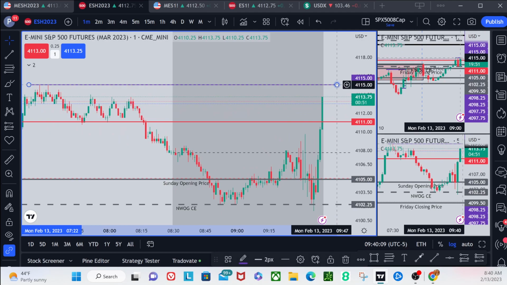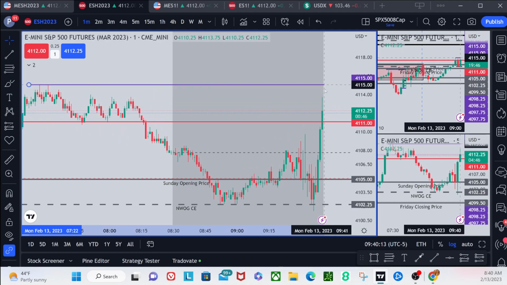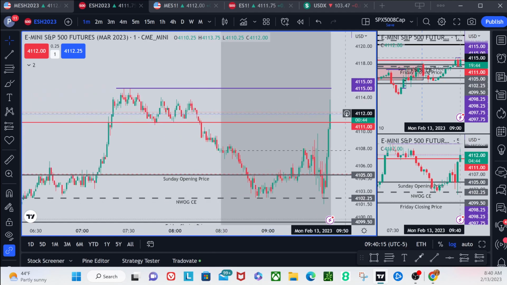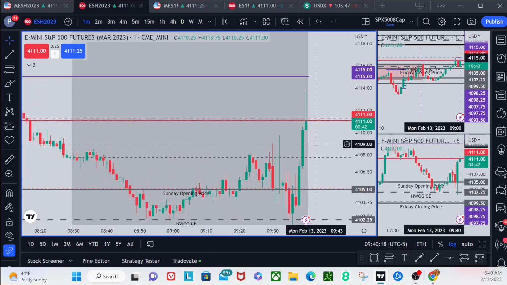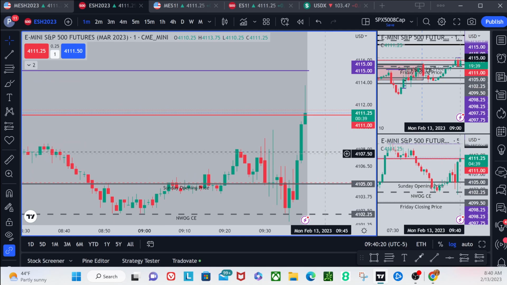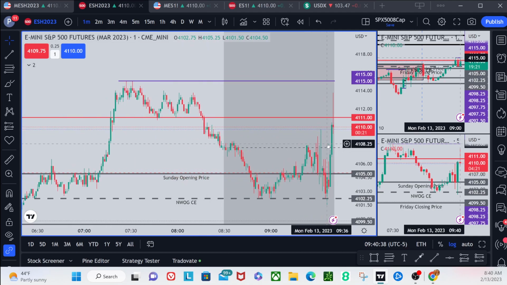Buy side now is in the crosshairs. And that would look like this high over here for US 500.